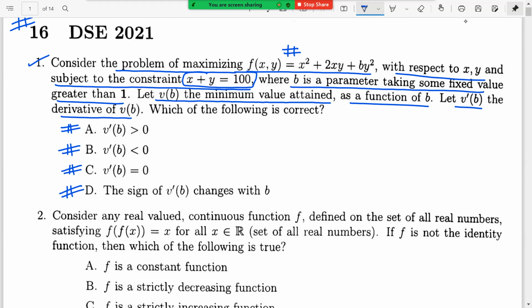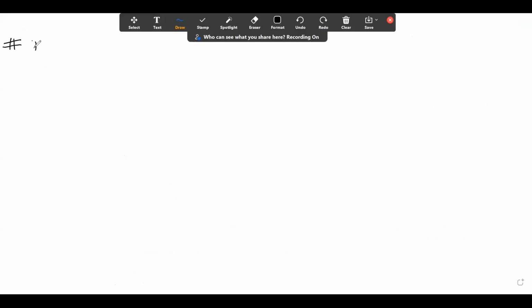Okay. So we are starting with our discussion of the Delhi School of Economics 2021 paper for the MA Economics entrance. And we are looking at question number 1. So quickly writing what is given to us.